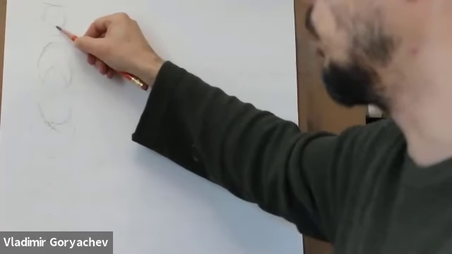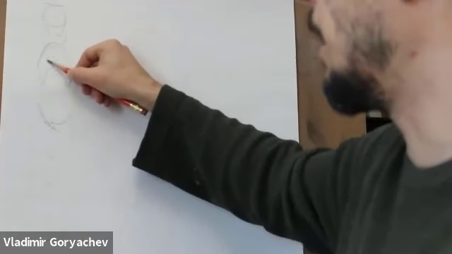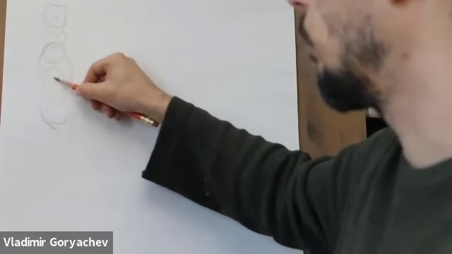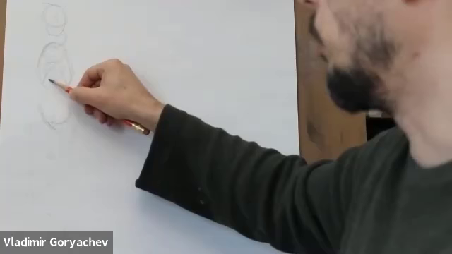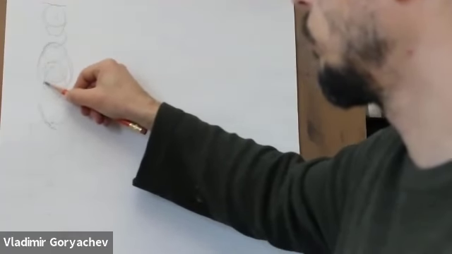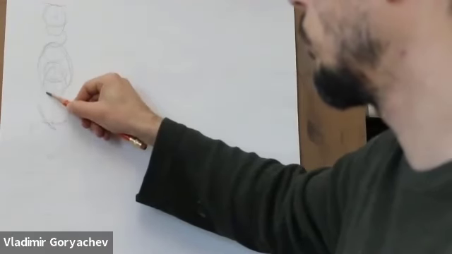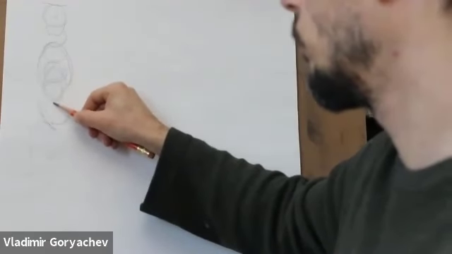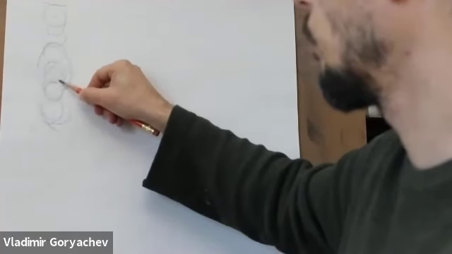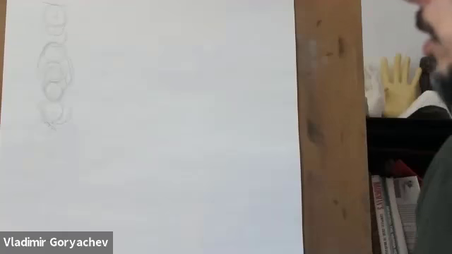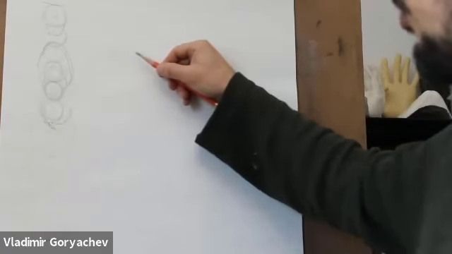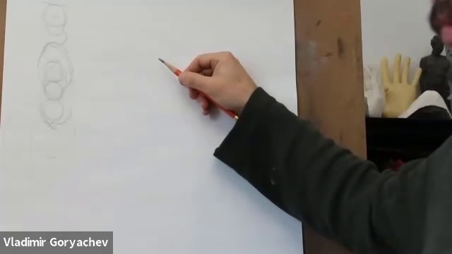A lot of artists look at that as a way of finding the measurements. So there might be different ways. I was thinking of how to simplify this when you're actually constructing the figure.